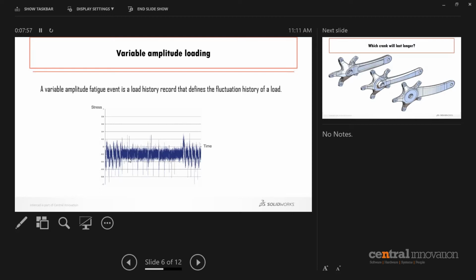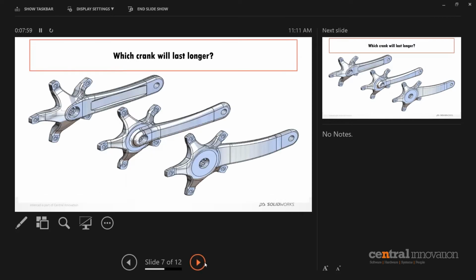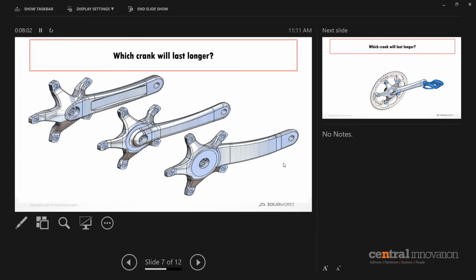I'm going to show you a case study of a bicycle paddle. I've got three different designs of a bicycle paddle, and I want to know which one withstands 7 million cycles of a specific load. The load obviously doesn't fail the model initially. The stress I get from that specific load is below my yield stress.